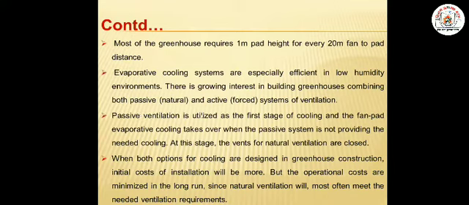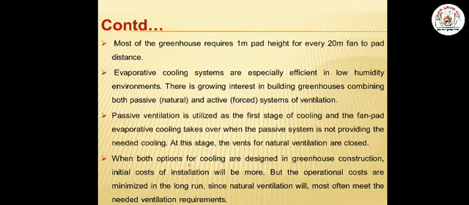Passive ventilation is utilized as the first stage of cooling, and the fan and pad evaporative cooling takes over when the passive system is not providing the needed cooling. At this stage, the vents for natural ventilation are closed.